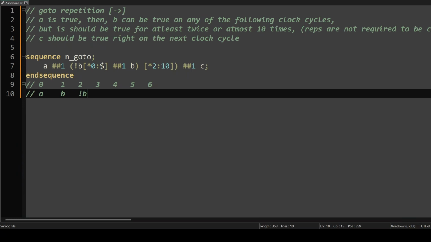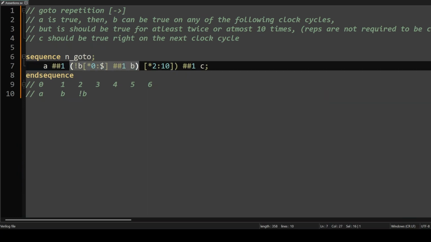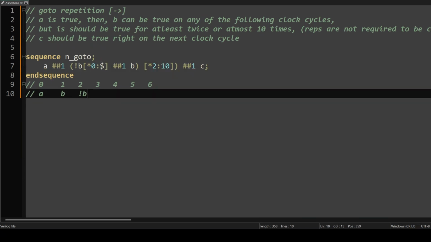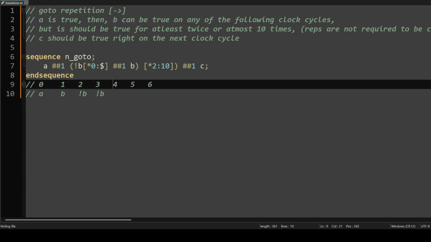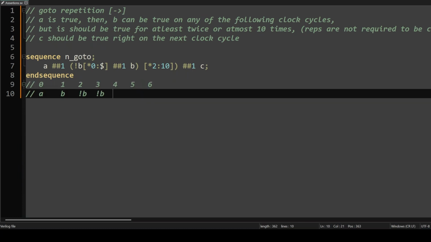So let's say on the next clock cycle, B is not true. Does this still satisfy this condition? Yes, because B is not true and it could remain not true for infinite time as per this condition. So let's say on the next clock cycle also, B is not true. Then on the fourth clock cycle, B is true.